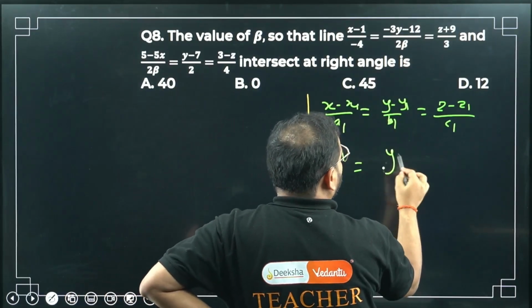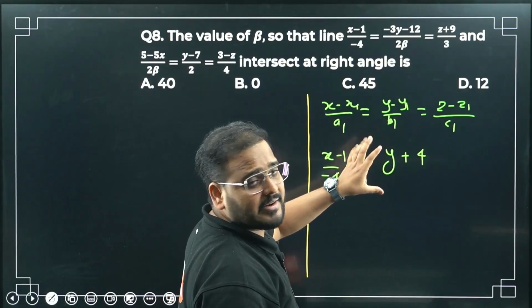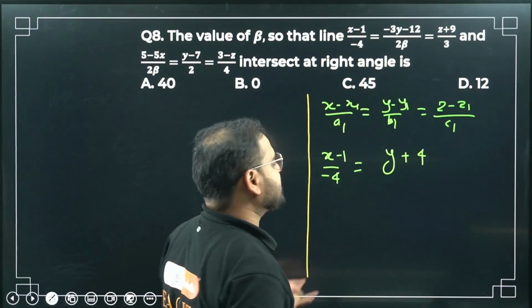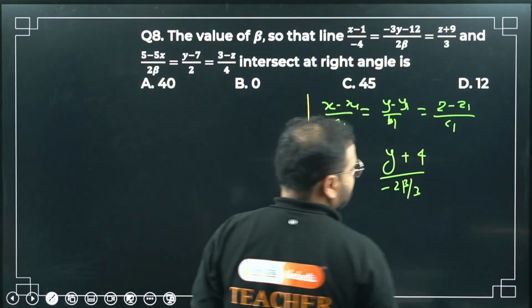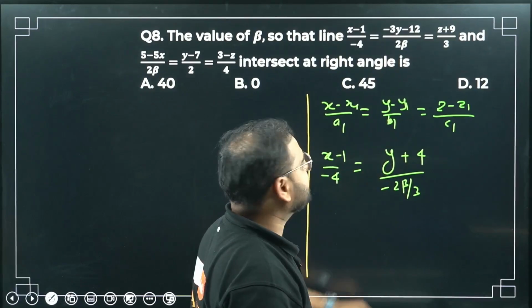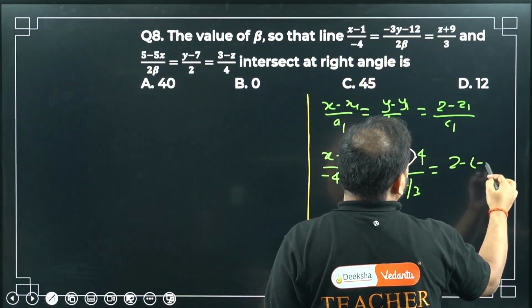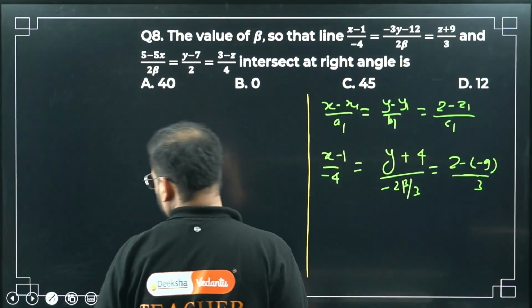I get plus y, plus 4. I don't want a coefficient for y. Divide by minus 3, so I get y plus minus 12 by minus 3, so plus 4. Divide by minus 2 beta by 3. Divide both. And then this is simply z minus 9 upon 3. Please check. First one is done.